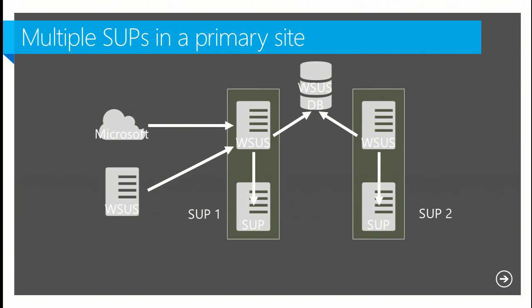But if you have a separate forest and you put a SUP over there, clients in that forest will go to that SUP, and clients in your main forest will go to the SUP in their forest. So that's another way to do it there. But if those have security boundaries between them, which is typically the reason for having multiple forests, then you're probably going to have an issue with sharing a database. At that point, you separate the databases out.